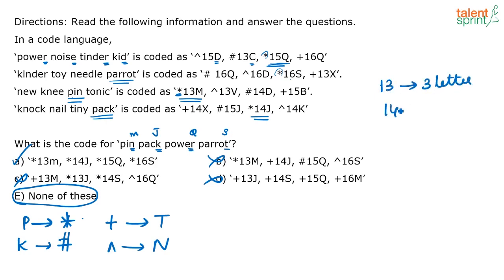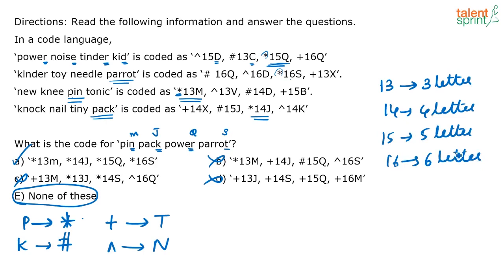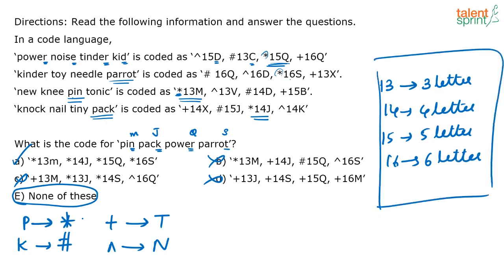Similarly, 14 is used for 4-letter words, 15 is used for 5-letter words, and 16 is used for 6-letter words. So this particular thing was not even necessary to arrive at this answer. With the first two itself you got the answer, but it might be useful in other questions as well. So I have just decoded that for you and given the answer.